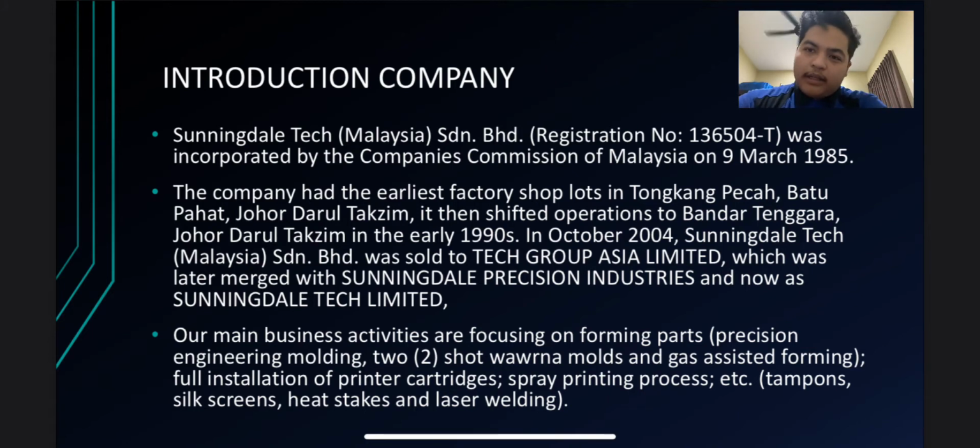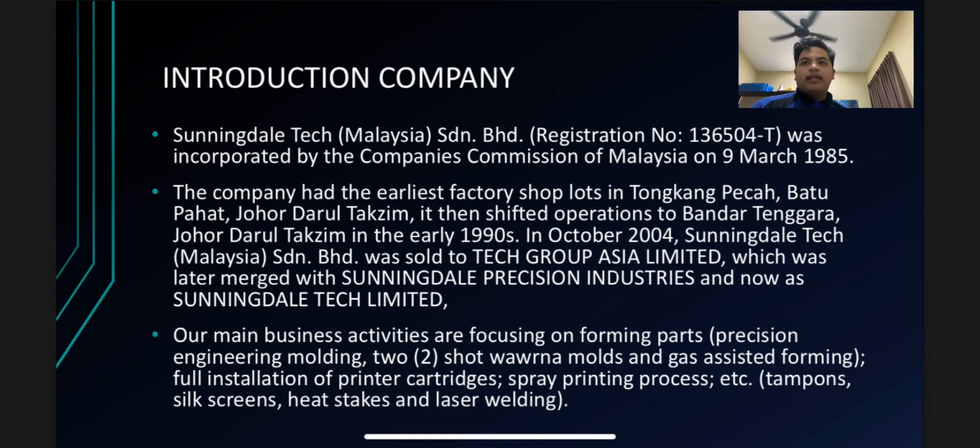Okay, for the introduction, Sunningdale Tech Malaysia was incorporated by the Companies Commission of Malaysia on 9 March 1985. The company had its earliest factory shop lot in Tangkak, Pecah, Batu Pahat, Johor.